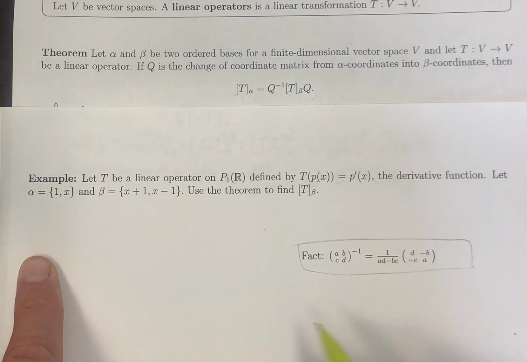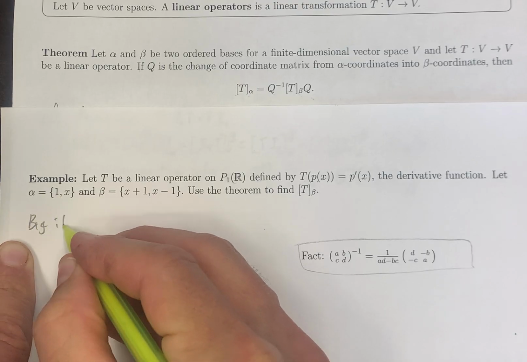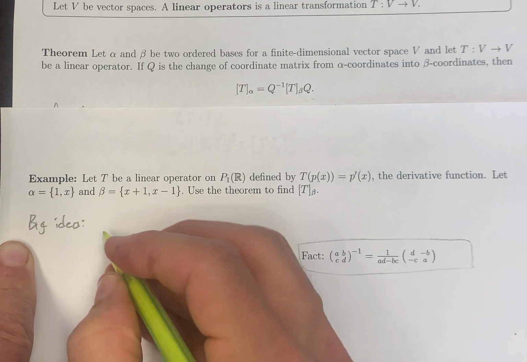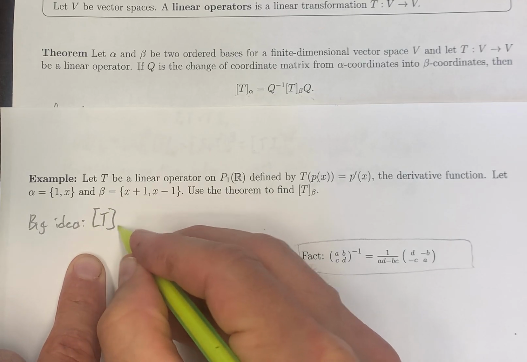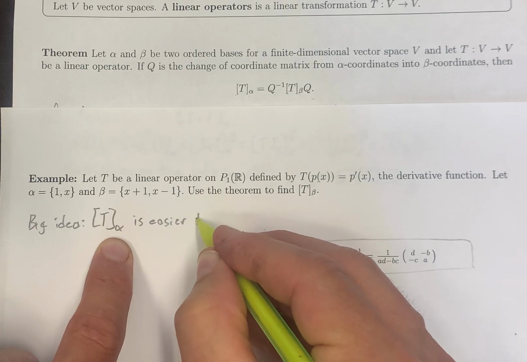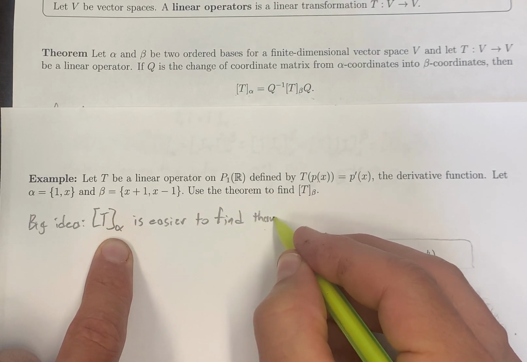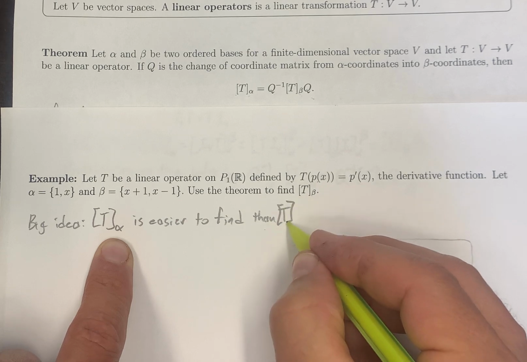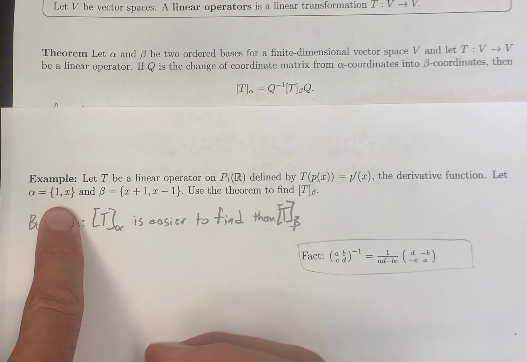Okay, so what's the point? The big idea is that T alpha is easier to find than T beta. It's pretty easy to find what T alpha is.